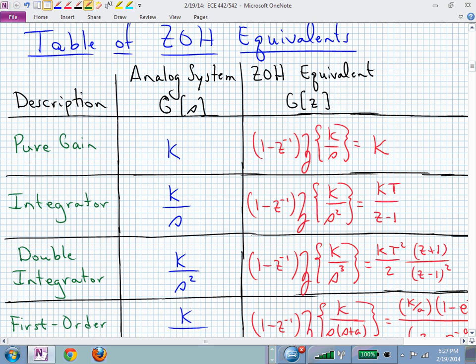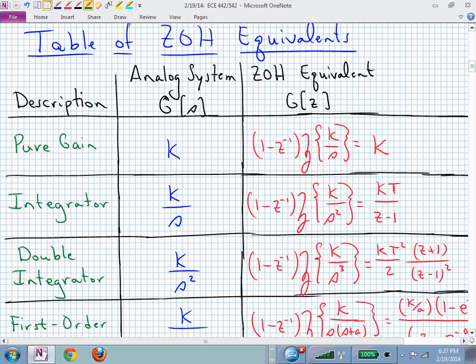Here, when we started with k over s, we divided that by s and found the z transform of k over s squared. That gave us the capital T. I didn't know how to present this without maybe confusing you, but these are not the same directly as these.